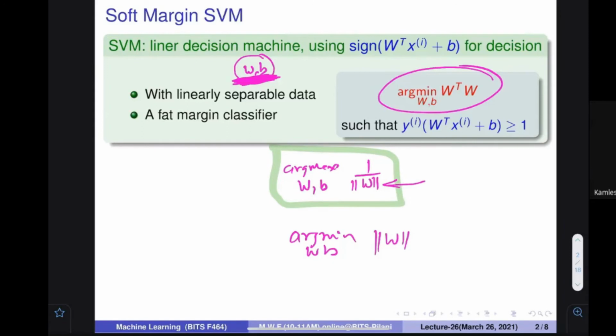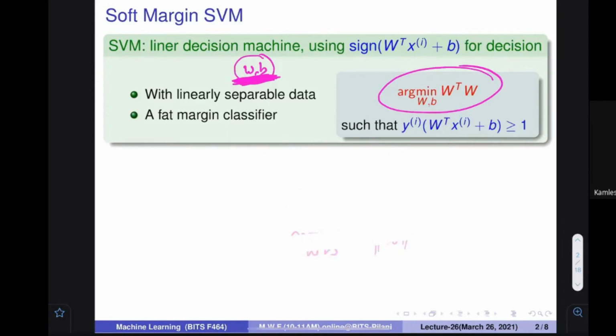Now let me tell you a few more things, which are also interesting. Till now we have seen what the SVM is, and what the importance of W transpose is. W square is equal to W transpose W. Now I want to tell you one more thing that we discussed in the last class also.